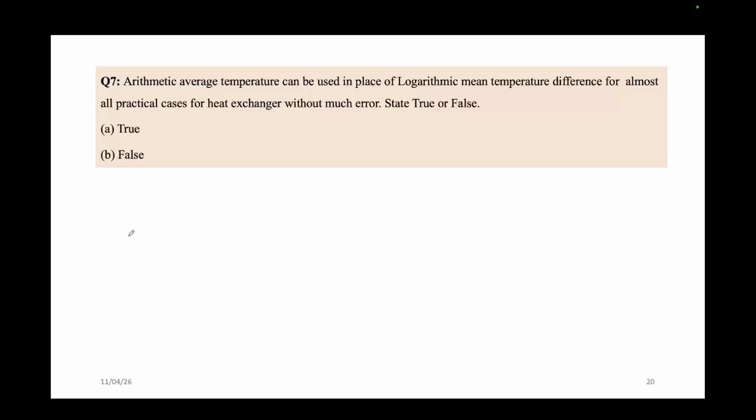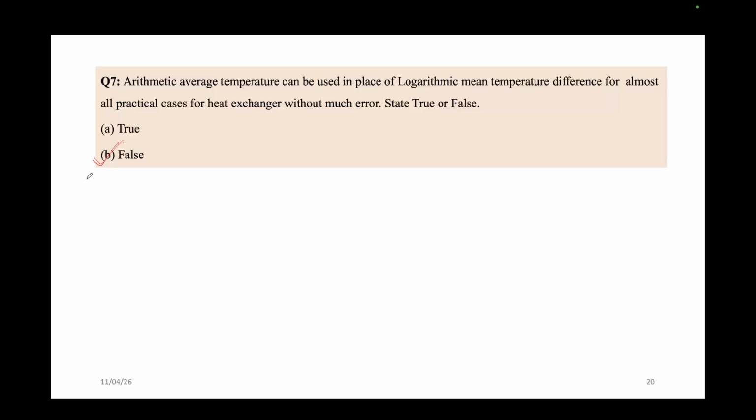The answer will be false, because of the energy balance equation. We derived this LMTD from the temperature profile graph. We took a small domain, and from this small domain we derived how the heat flows through the small area from the cold side to the hot side.